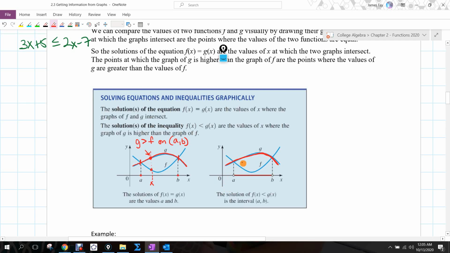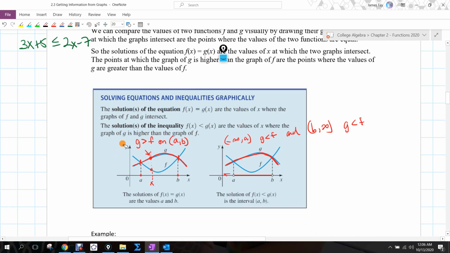Now let's talk about over to the left of a. From negative infinity up to a, you would see that g is below f, so g is less than f. And from b to positive infinity, do we see again that g is below f? So g is less than f on both those intervals.